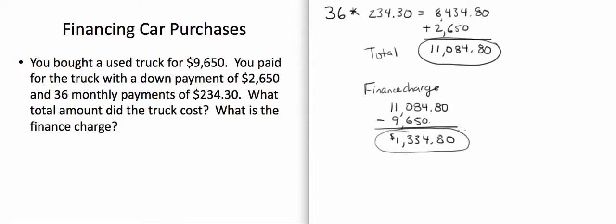Okay, so this is the finance charge. So the total cost: months times monthly payments, add in the down payment, get the total, subtract out the total that you bought the truck for, or the original price of the truck, to get your finance charge.